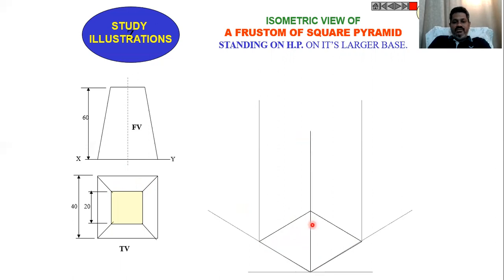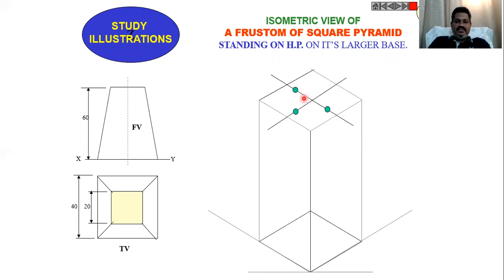Then draw the vertical lines from the four corners with the given height, that is 60. Then join all the end points of the vertical lines like this. Then draw the midpoint bisectors.